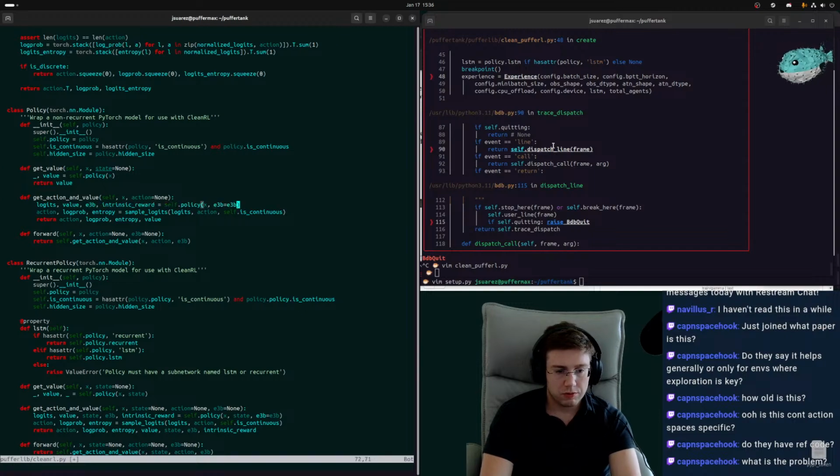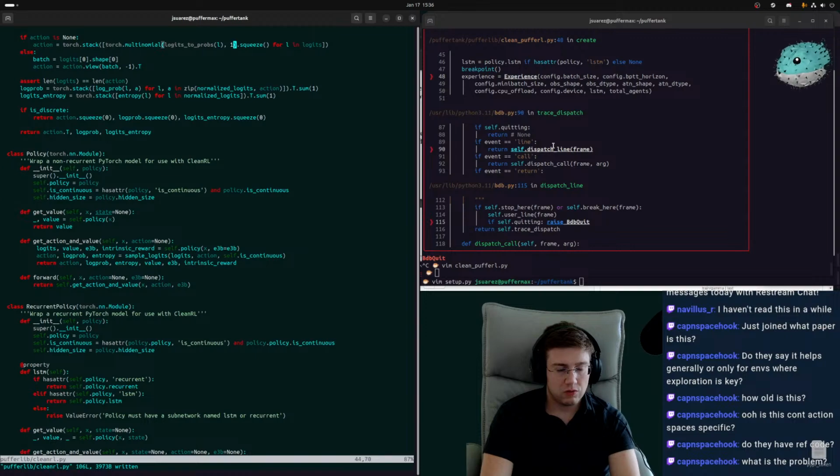It supports E3B. Okay, so now this is everything for the CleanRL binding. Now we have to modify our models. And I think that by default, all we really need to do is modify our recurrent wrapper, and our default would be a good starting point.